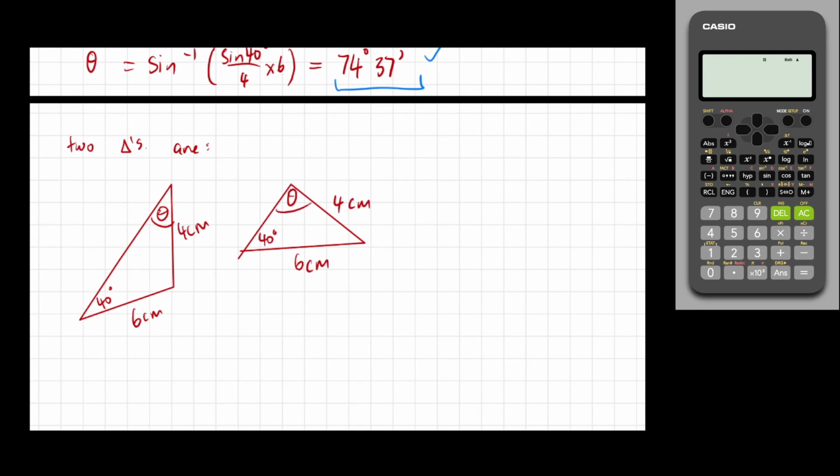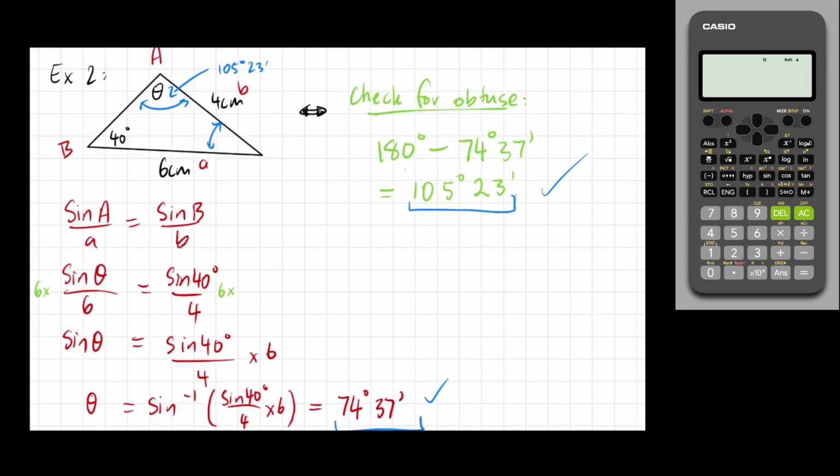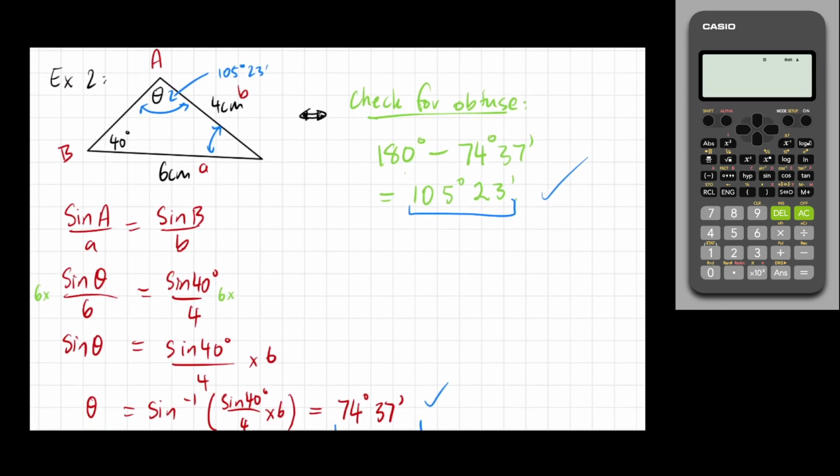The only thing that changes is the angle that we're trying to find. Both of these triangles actually exist. It's just this angle in here is changing based on the information that we could be told. So if we're trying to find the obtuse angle or the acute angle, we can draw two different triangles.